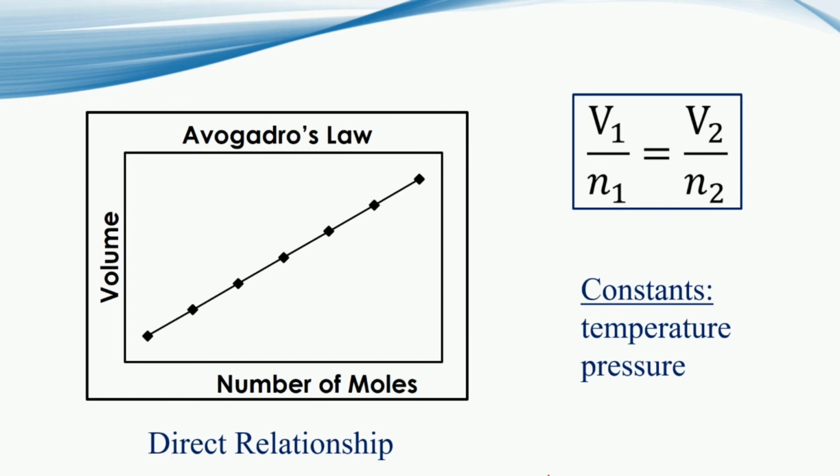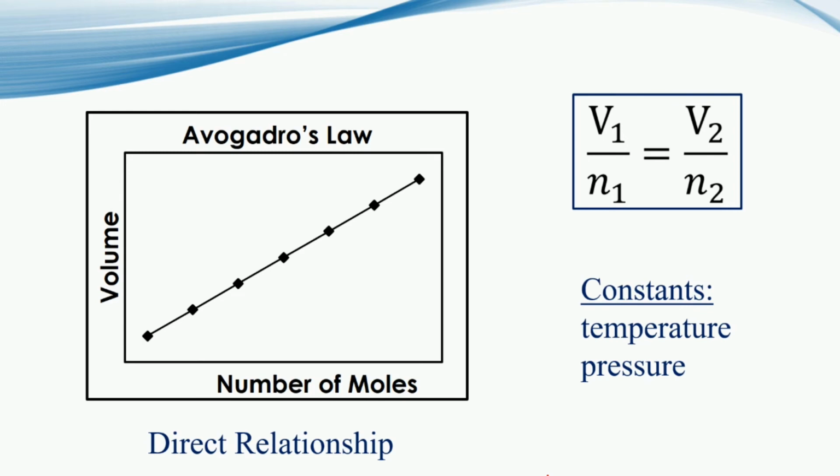Now, just like the other laws, we established that Avogadro's Law has a direct relationship between moles and volume. And that makes sense. If we are keeping the temperature and the pressure constant, meaning the gas particles don't have a higher kinetic energy, so they're not moving any faster or any slower, and they are also not applying any more or less pressure onto the container.